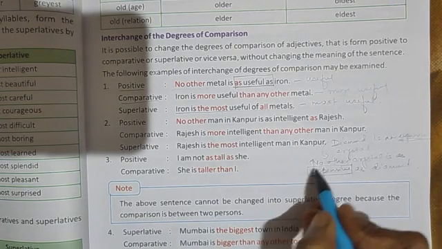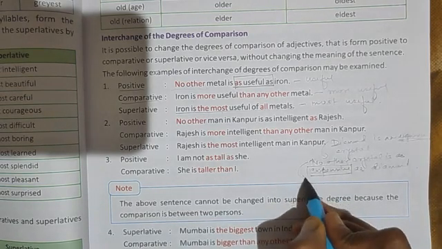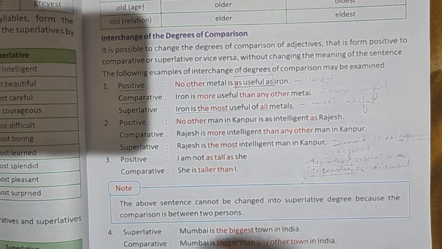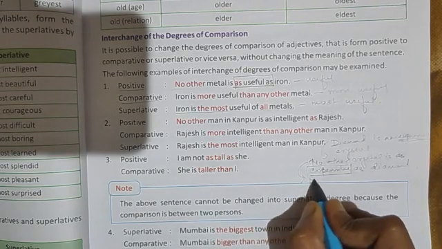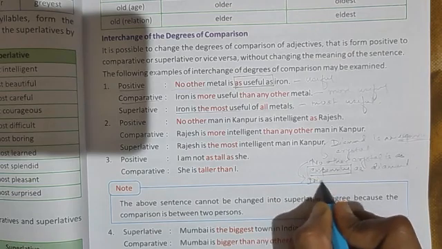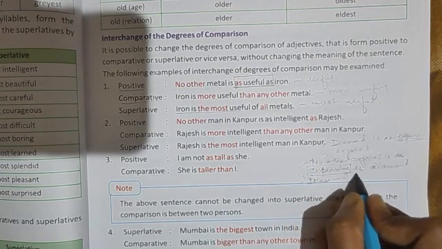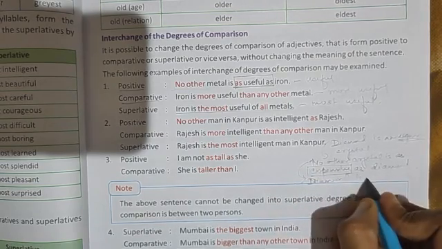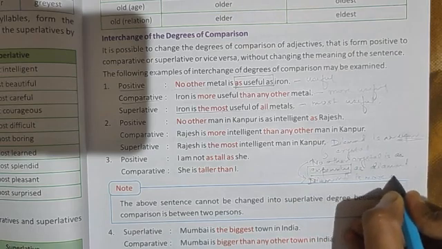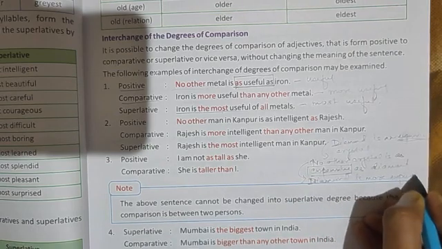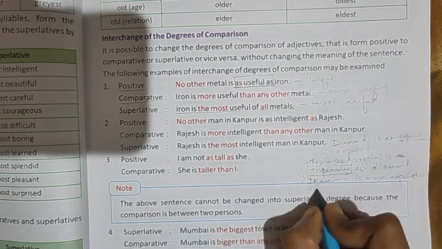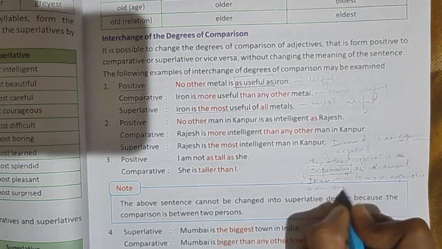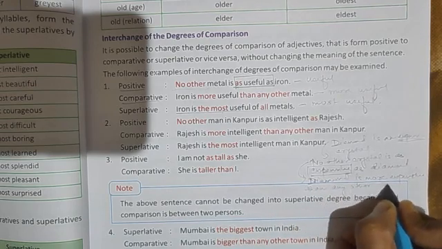And now if I change this particular sentence into comparative, what will I say? Diamond is more expensive than any other crystal.